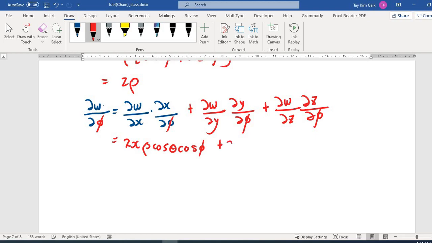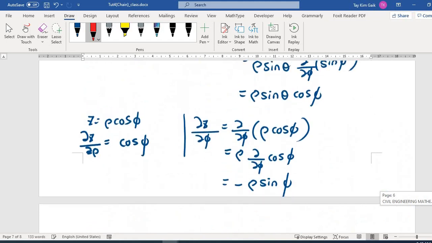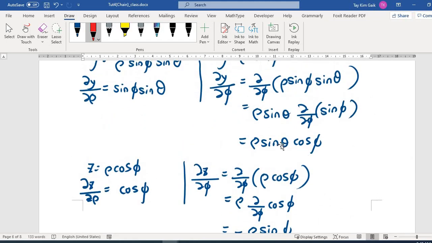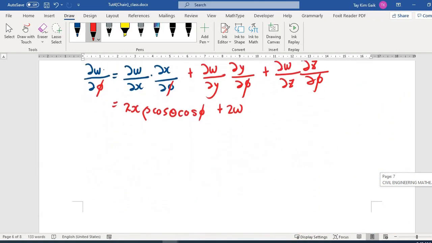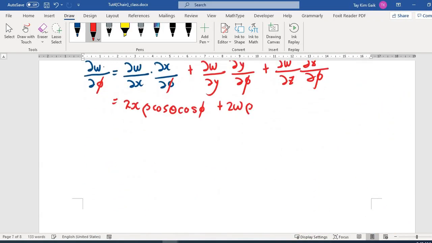Del W del y is 2y, and del y del phi is rho sin theta cos phi.